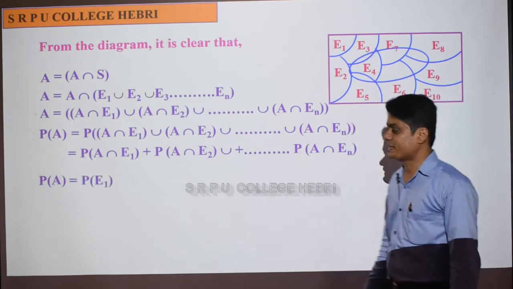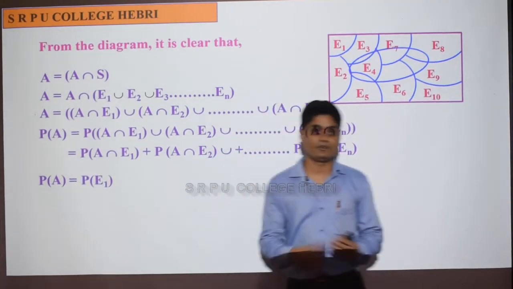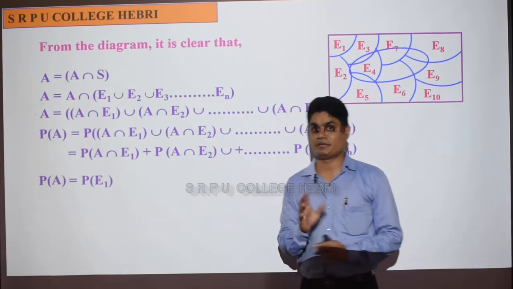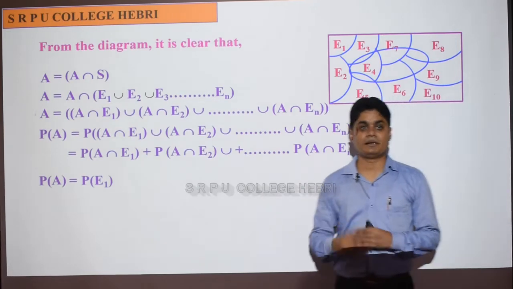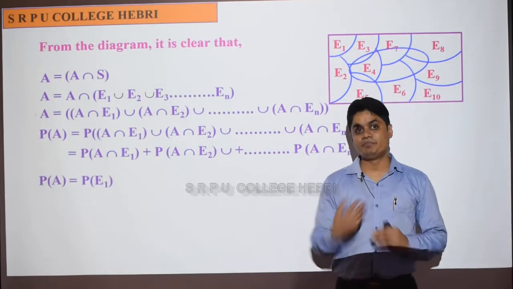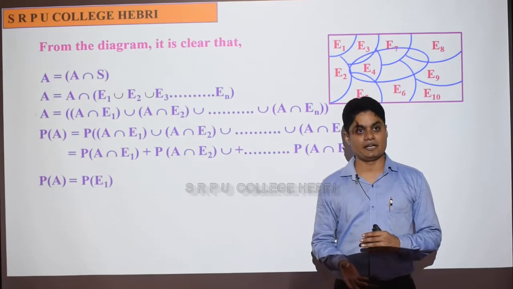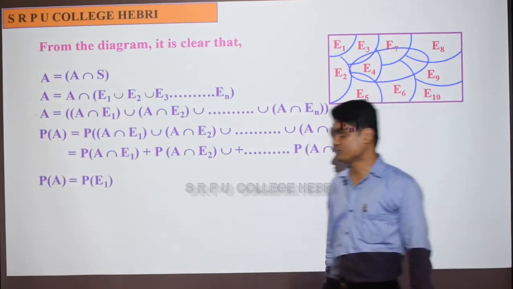So probability of A is equal to, see, you studied the multiplication theorem before for independent events. We learned one concept, maybe you remember. Probability of A intersection B is equal to probability of A into probability of B bar A, and similarly probability of B into probability of A bar B. Now I am using this.